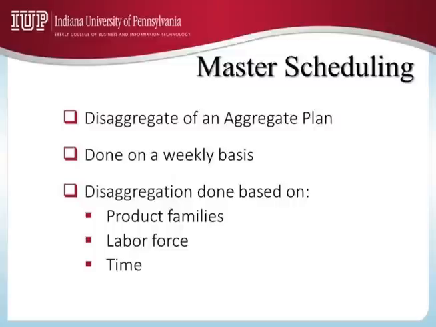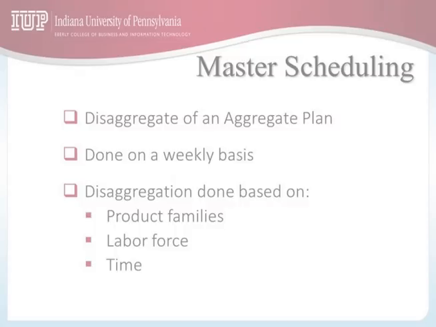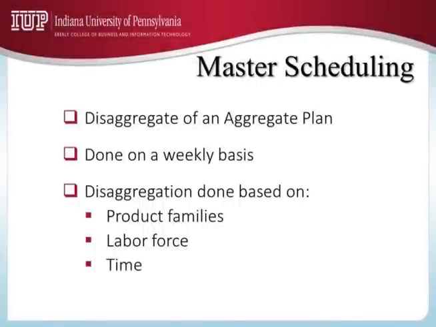Or once we know that we are going to make X number of Toyota Camrys, the disaggregation will be based on number of auto transmission vehicles, number of manual transmission, number of red, white, black, blue, different colors of vehicles, Toyota Corollas which have power windows and power locks, which do not have power windows and power locks. So disaggregation can be done in terms of product families.